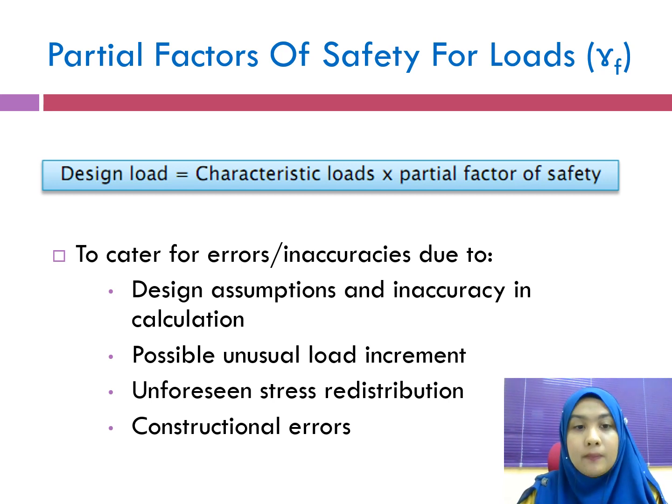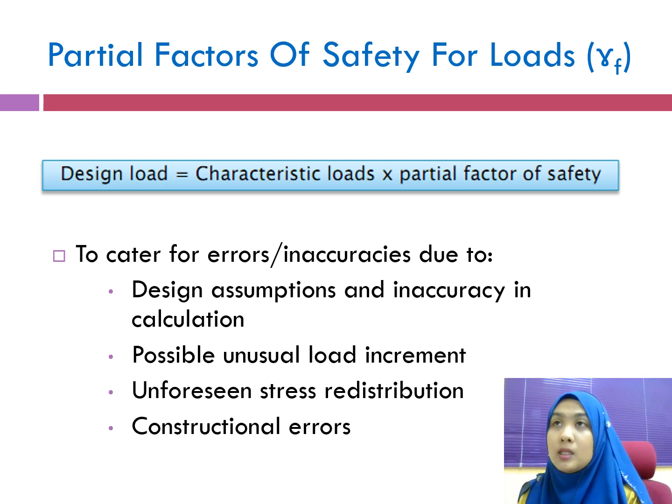So to calculate the design load, the characteristic load must be multiplied with the partial factor of safety. So why do we need to multiply with FOS? The first one is to cater for errors or inaccuracy due to design assumption. In design, we make a lot of assumptions and also some inaccuracy in the calculation, and also due to possible unusual load increment.